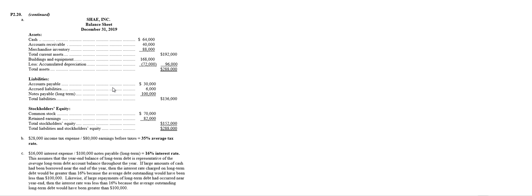It's about understanding the differences between temporary accounts and permanent accounts. The temporary accounts, of course, are revenues and expenses on the income statement, and the permanent accounts are from the balance sheet. And remember that the statement of stockholders' equity is just a recap of the equity section of the balance sheet, which is abbreviated. You'll notice at the bottom of the balance sheet here, common stock and retained earnings amounts are pulled from the statement of changes in stockholders' equity.